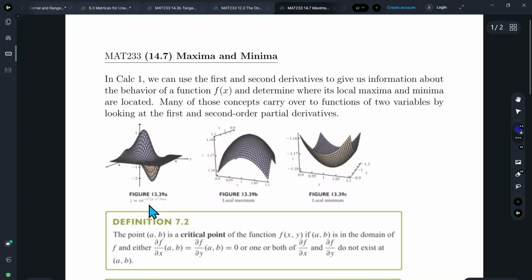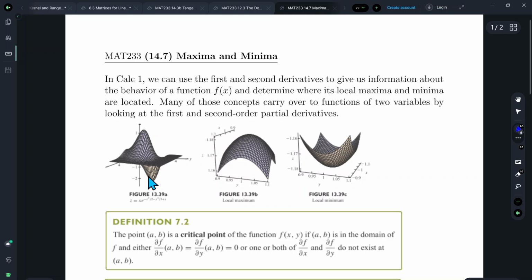The function is listed here, and if you look at the shape of the graph, you can see that it has a peak at this point here, and then there's a valley at this point here. So we want to identify this feature of the graph as a local maximum, and this feature as a local minimum.